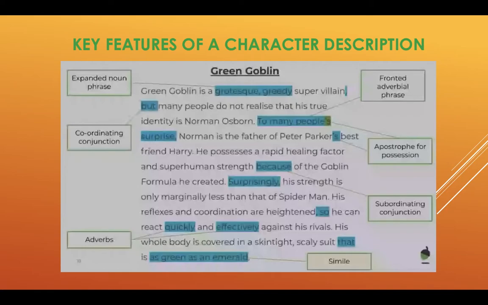And then in the final sentence, his whole body is covered in a skin-tight, scaly suit that is as green as an emerald. Once again, that is a conjunction. And as green as an emerald, of course, it has as in it. You're comparing the colour of the suit to a green emerald.